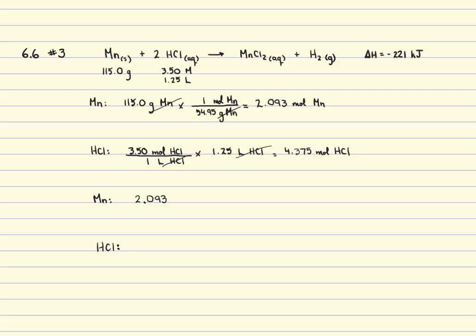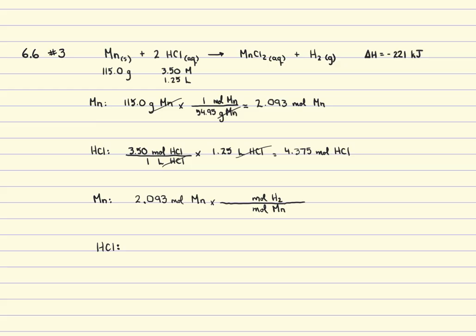So we have 2.093 moles of manganese, and I want to go from moles of manganese, so here I'm using my dimensional analysis again, to the moles of hydrogen gas.